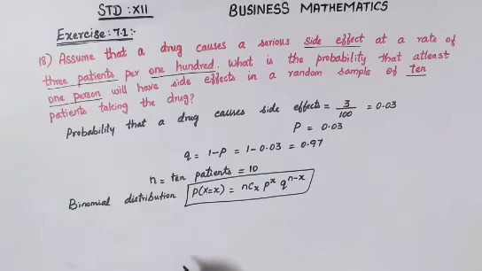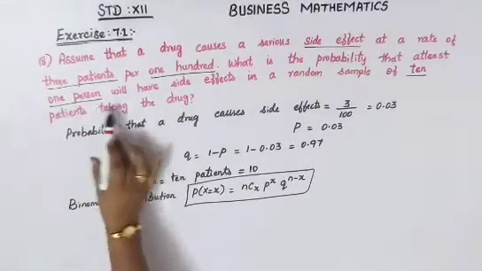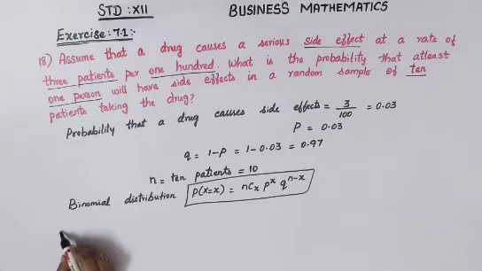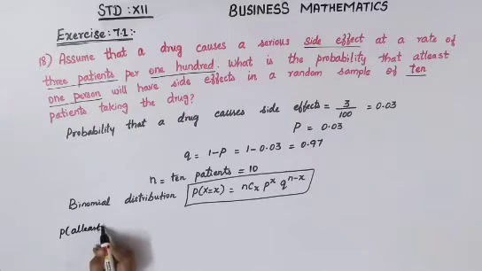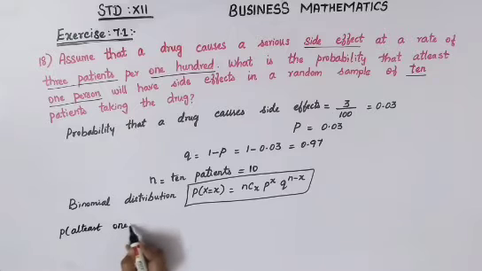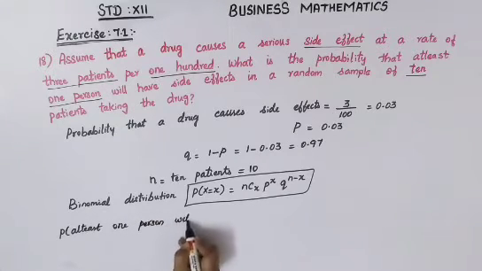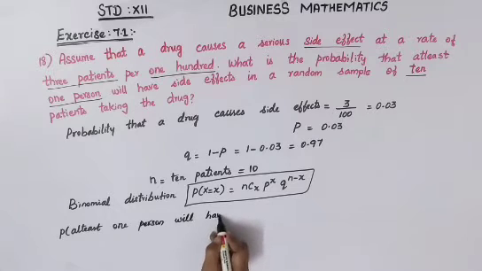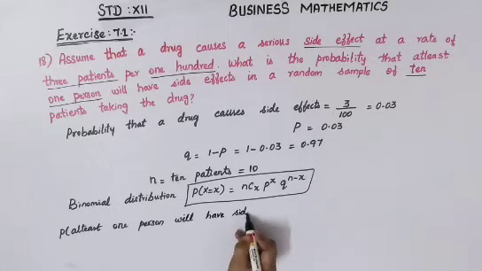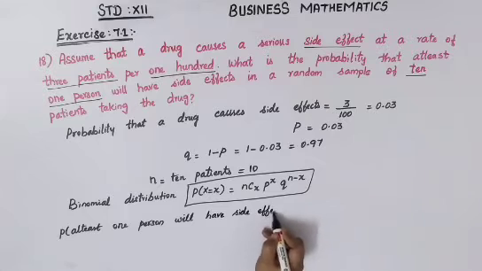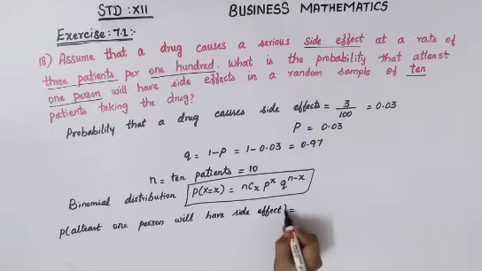It is given that your condition is at least one person will have a side effect. So P of at least one person will have a side effect. At least one means minimum one.